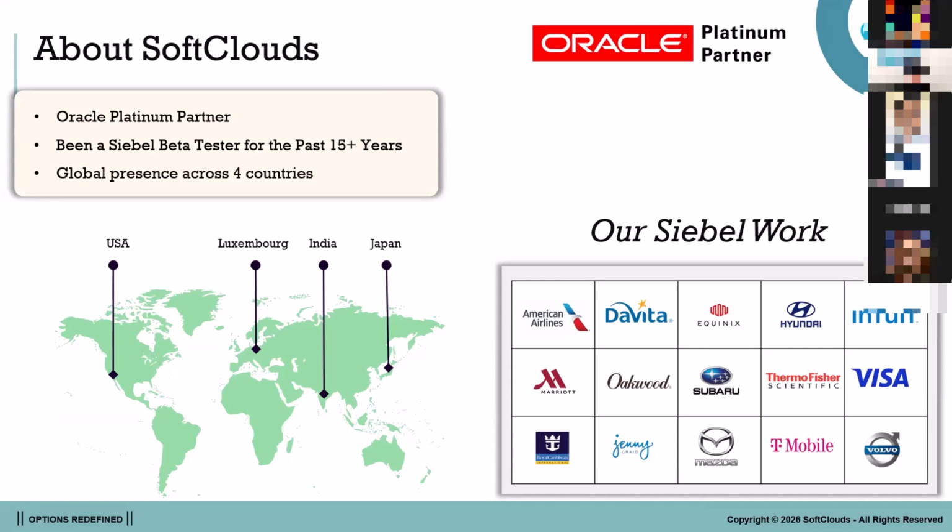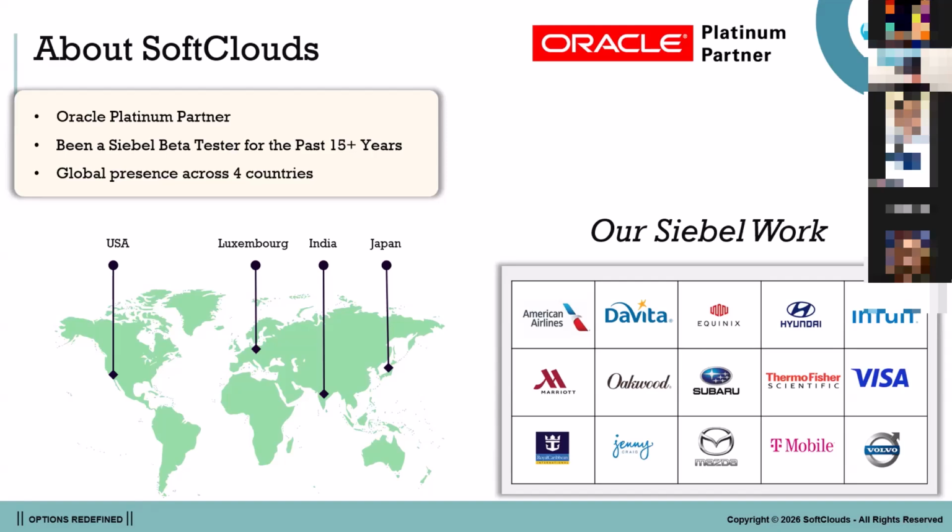And we have a global footprint across India, Luxembourg, Europe, Japan, and here in United States. It's cost effective for the offshore delivery while supporting both on-site and hybrid for the client engagement perspective. And you can see our Siebel work delivering large scale Siebel implementation across vertical and horizontal domains, including complex Siebel upgrade and enterprise transformation and integrations. Yeah, I'll give it back to you, Uday.